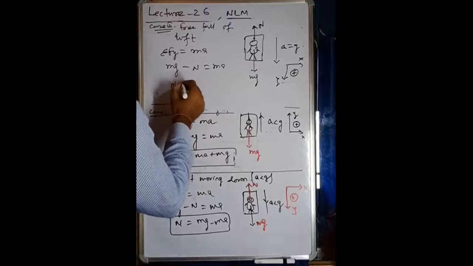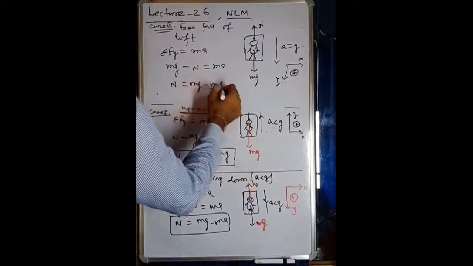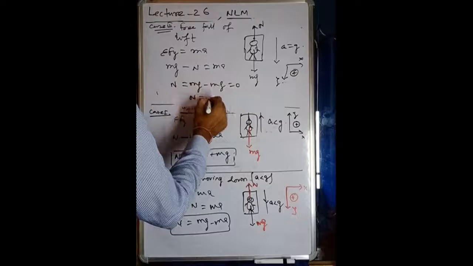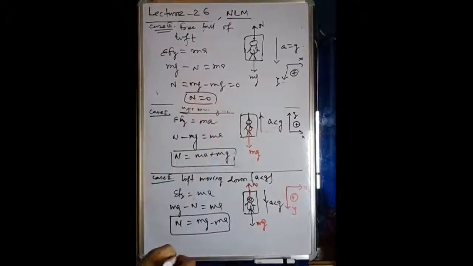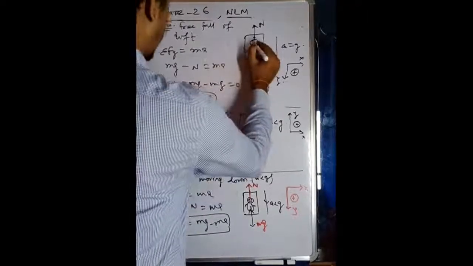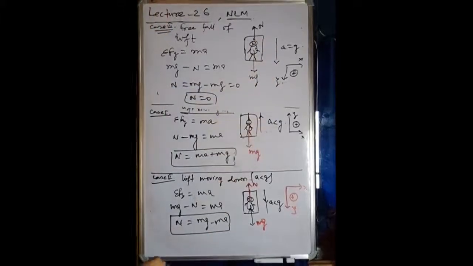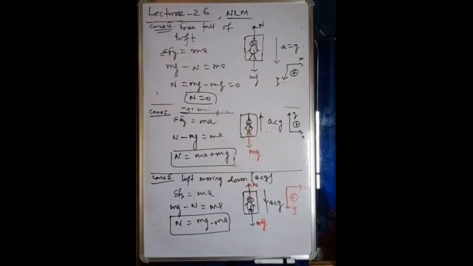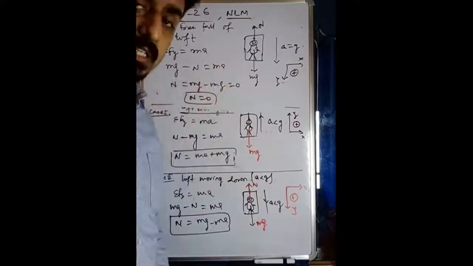So we'll write here N equals mg minus mg, which is equal to 0. Apparent weight is 0. Now Taklu is feeling very soft. Okay, where has my weight gone? So it is the case of weightlessness.